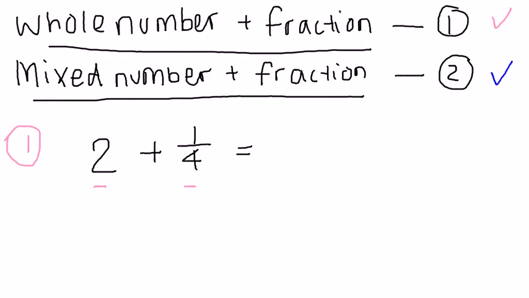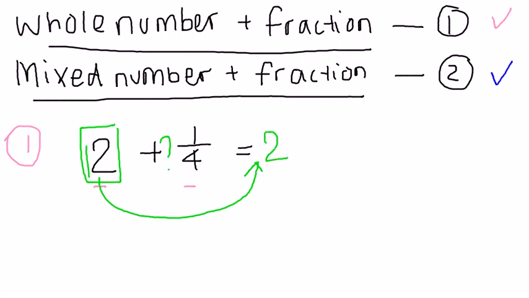So let's look over here. I got a whole number here, but I don't have any whole number here, right? So what do we do? Simple. Just shift your whole number here. When you shift it over, it's 2, so just write the 2 at the answer.